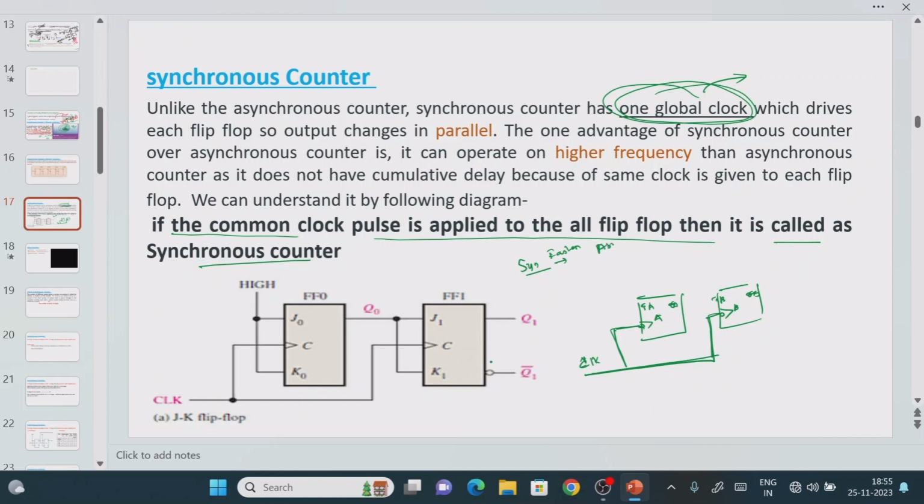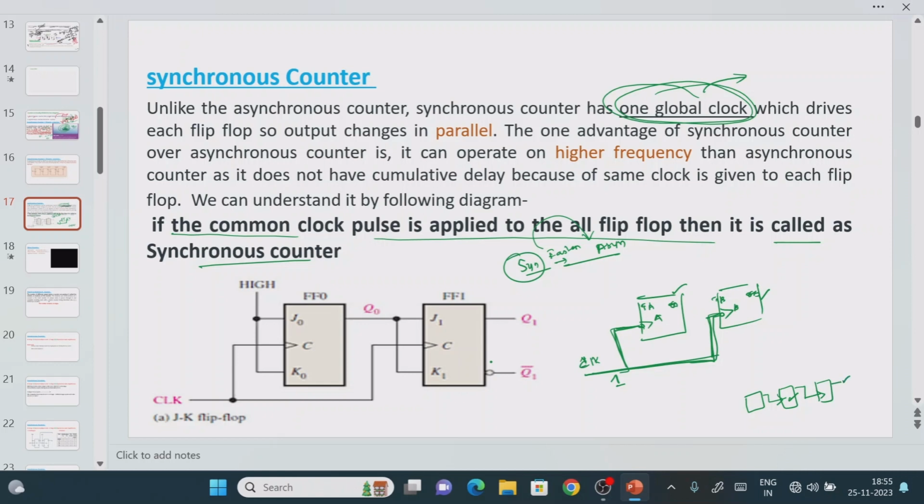The moment you give clock pulse value equal to 1, this flip-flop will produce the output, and at the same time this flip-flop will also be producing the output. In the previous case, what is happening? It should first generate the output, which is given to the clock pulse of the second one, so that it will be generated. After generating the second flip-flop output, it gives the clock pulse for the third one.